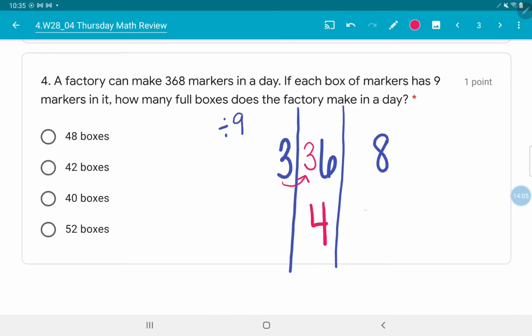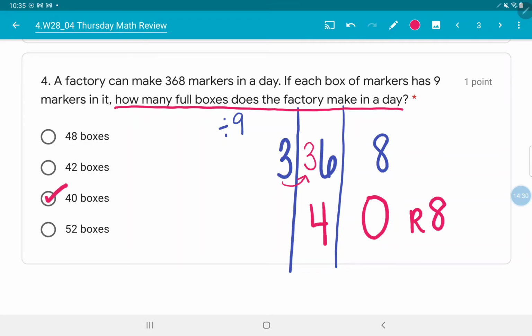I can't. So I have 0 ones. How many markers do I have left over that won't fit into a box? 8. So my answer is 40 remainder 8. But the question says, how many full boxes does the factory make in a day? How many full boxes can they make? 40.